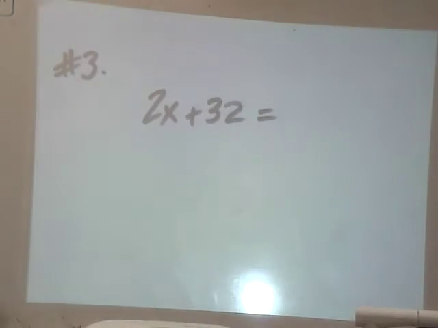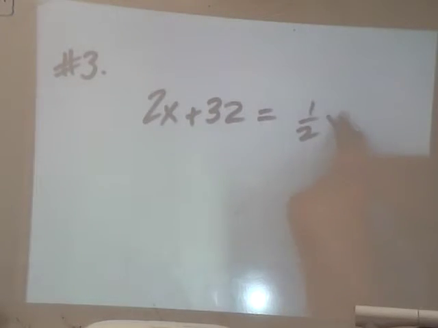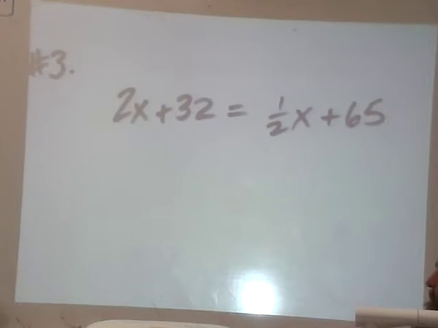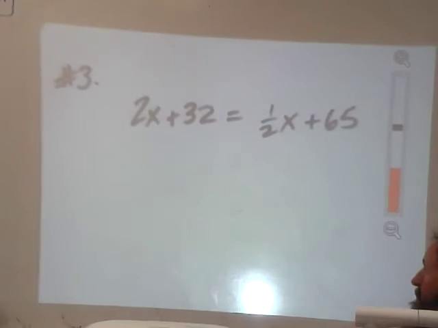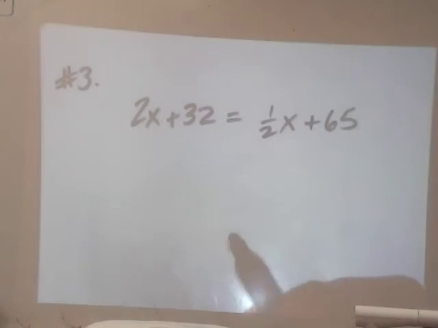Alright, so 2x plus 32 equals 1/2 x plus 65. What should we do? You guys like working with fractions? Well, we get rid of the fractions.